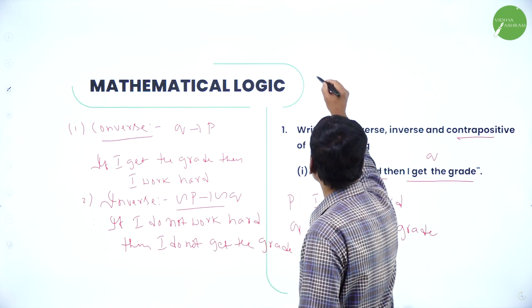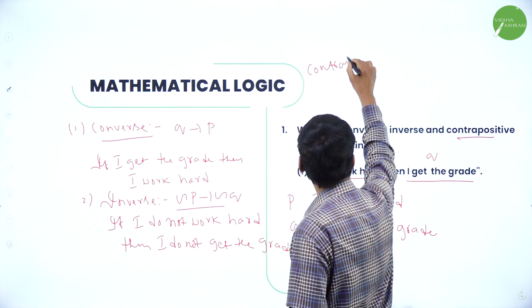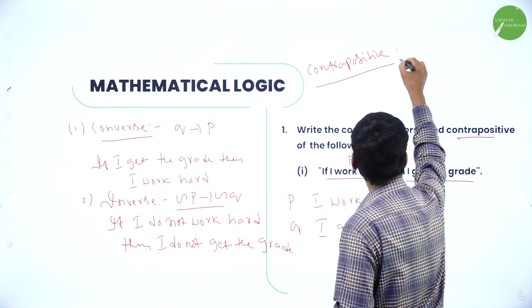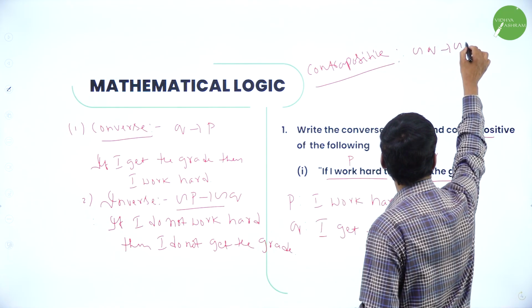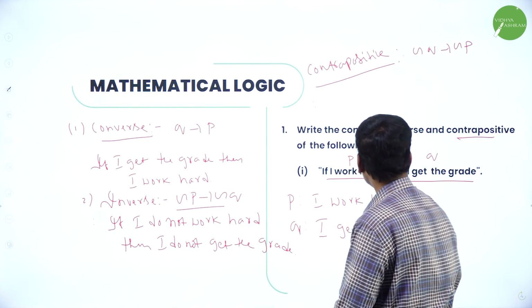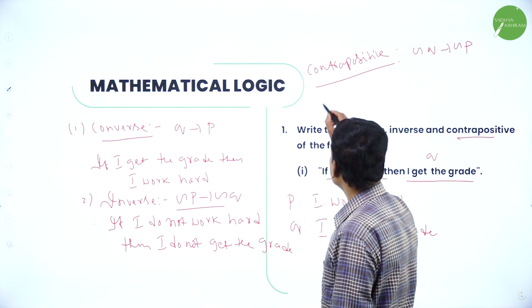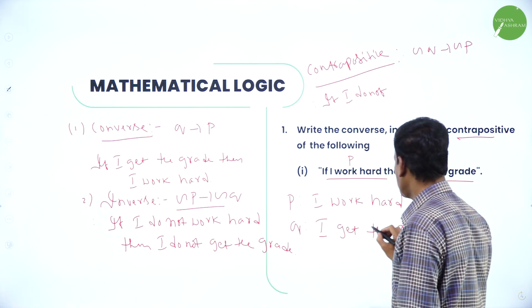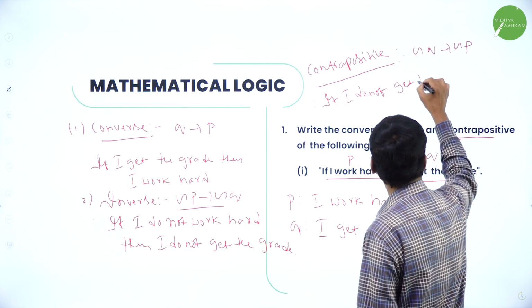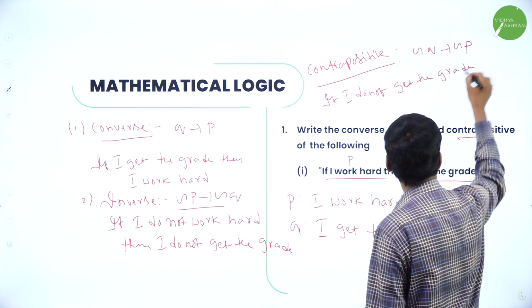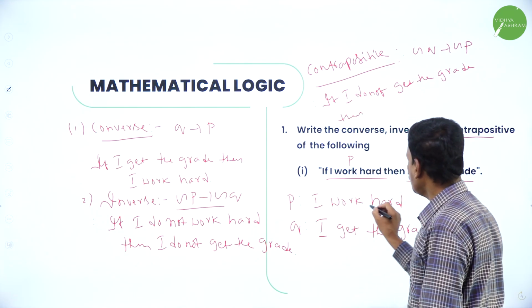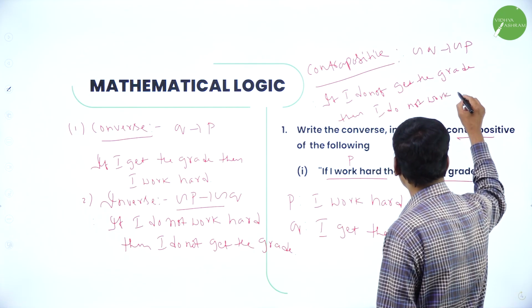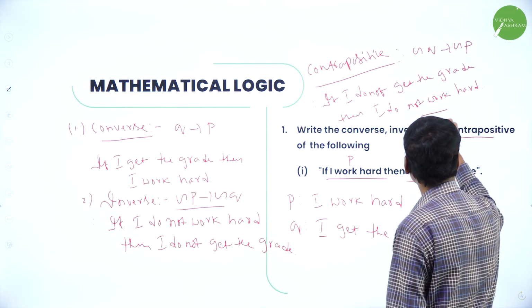So negation of Q conditional to negation P means, if I do not get the grade, then I do not work hard. This is the contrapositive.